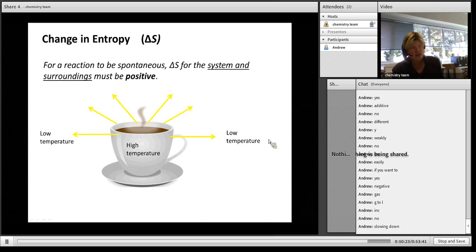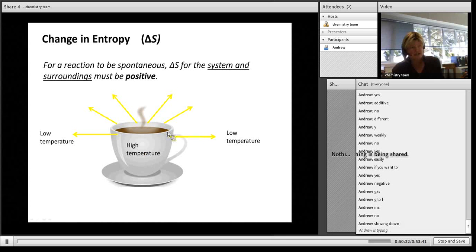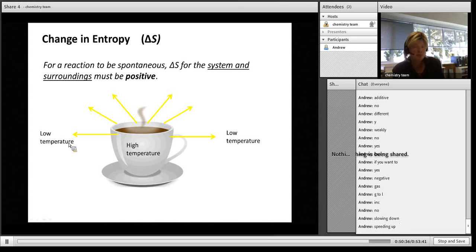What's happening is that my energy from a high temperature in the hot coffee is being dispersed as heat energy to the surroundings. So what is happening to the molecules in the air? They're speeding up and they're moving around and it's becoming more chaotic. So the entropy is increasing in the surroundings and decreasing in the system.